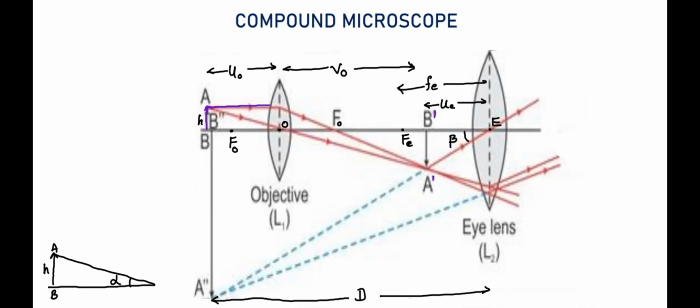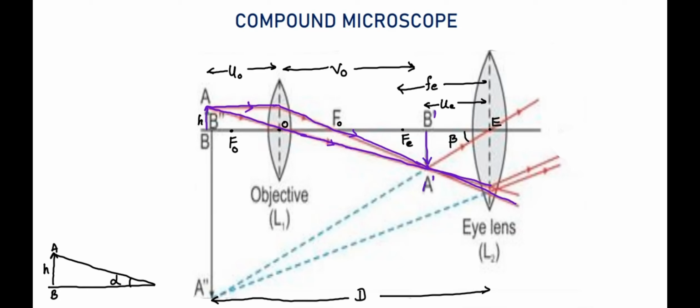One ray is parallel to the principal axis and passes through F0, and one more ray passes through the optic center and travels without any deviation. These two intersect here, so the image A' B' is formed.